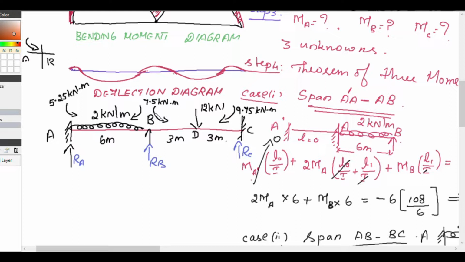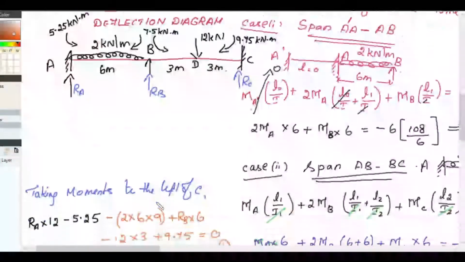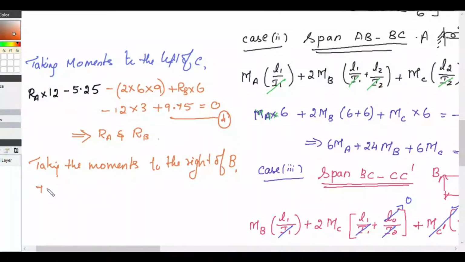Here we have an anti-clockwise. So right anti-clockwise becomes positive. So 7.5.